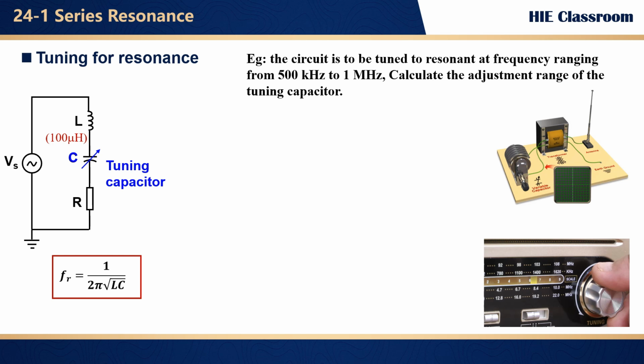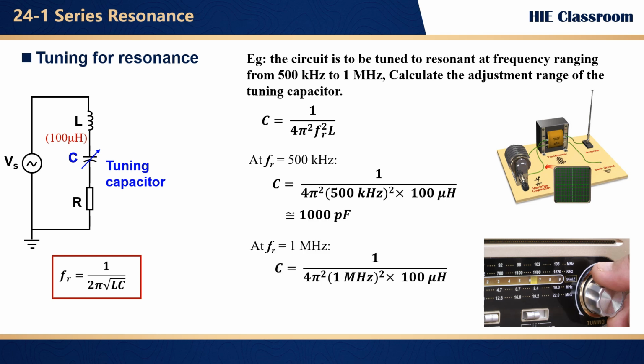To do this, we take our resonant frequency formula and flip it around to solve for C. After a bit of rearrangement, we get C equals 1 over 4 pi squared times Fr squared times L.